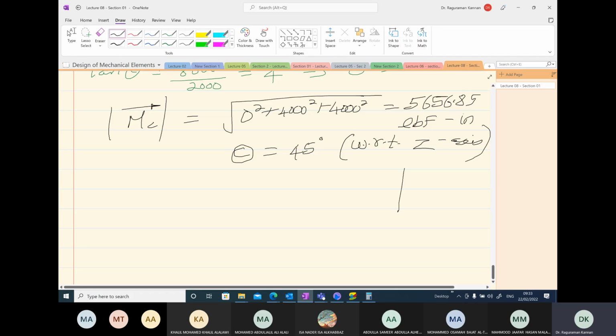Now let us suppose it has a circular cross section. You are going to find later that in a circular cross section, we use the resultant magnitudes. At B, for example, it is maximum, right? So it reaches the maximum value.